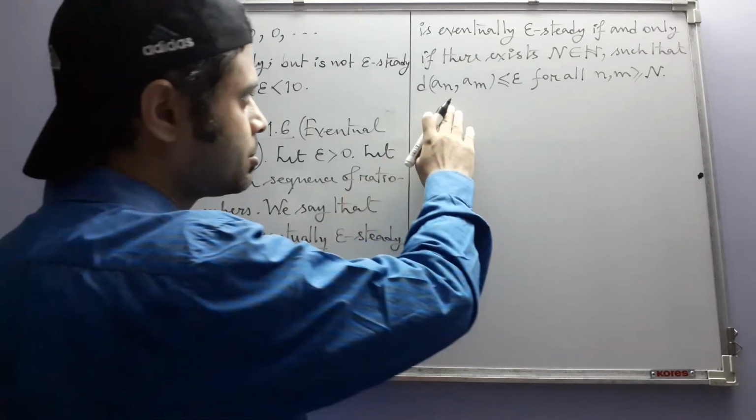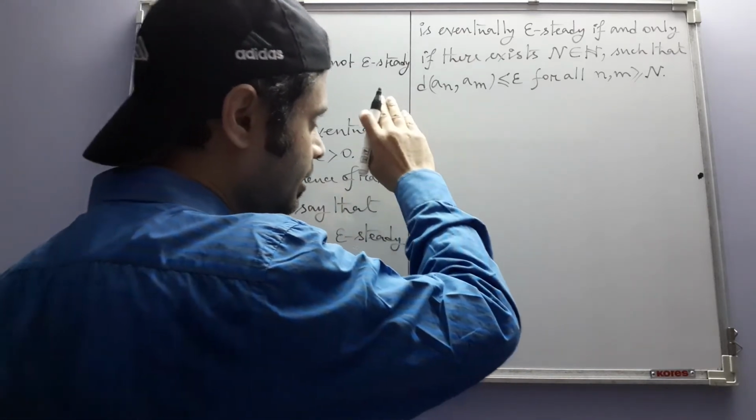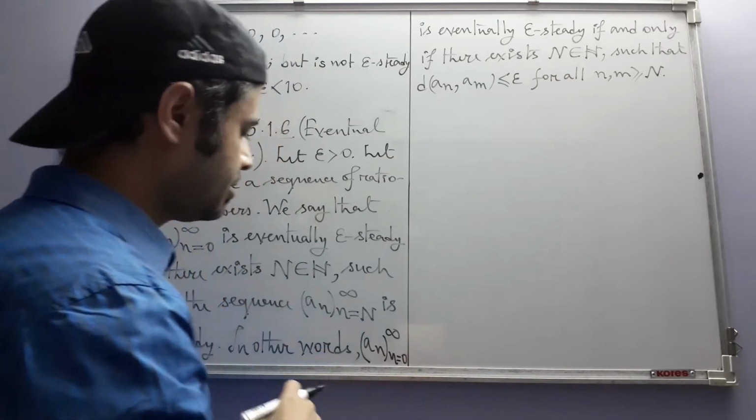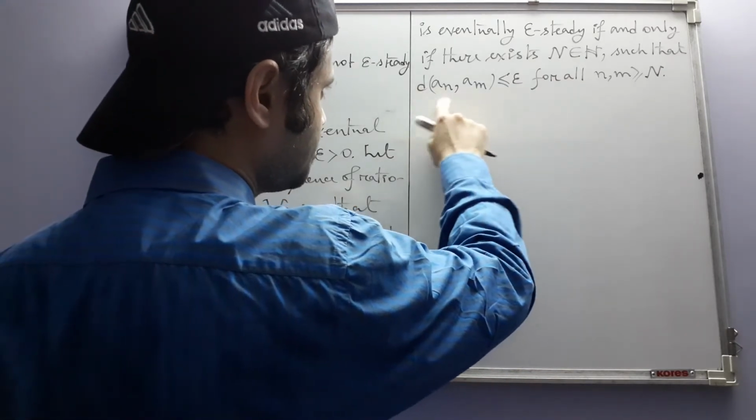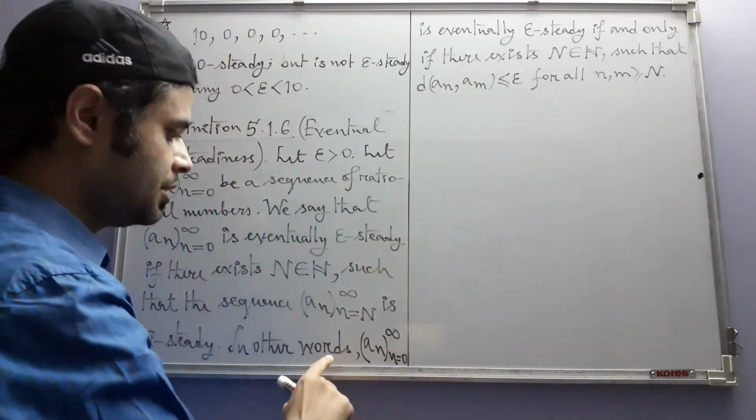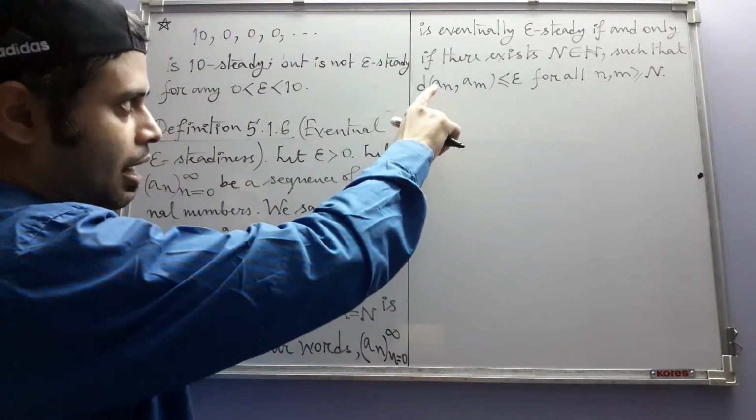Instead, we have written in detail what epsilon steadiness itself means. It means that the distances between the terms of this new sequence are all less than or equal to epsilon.